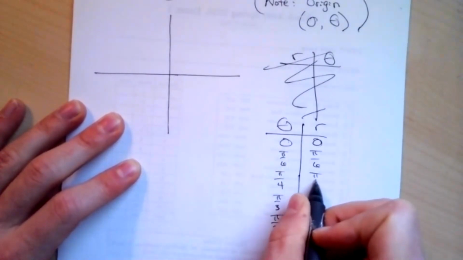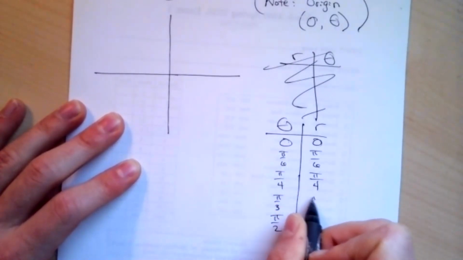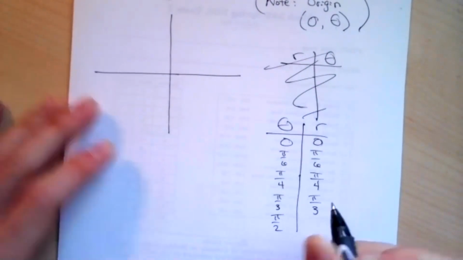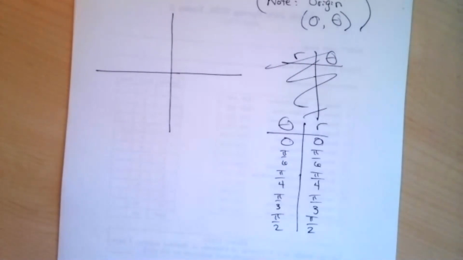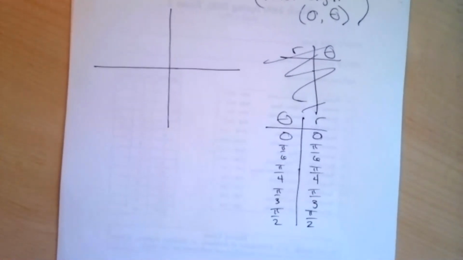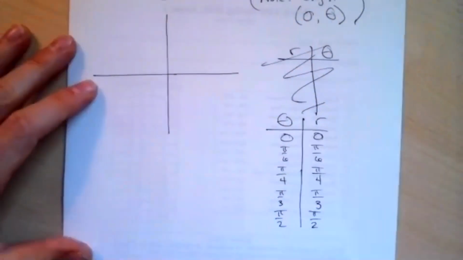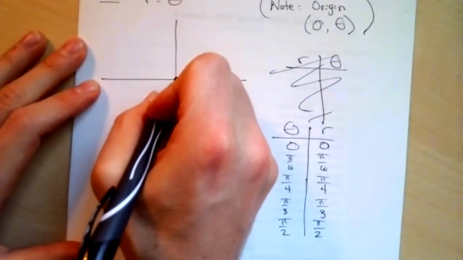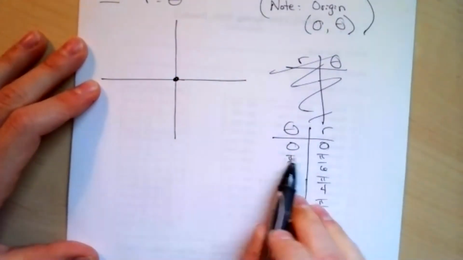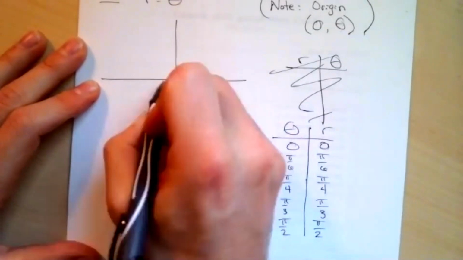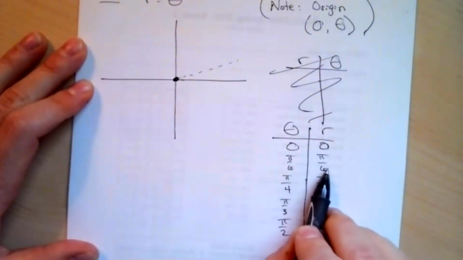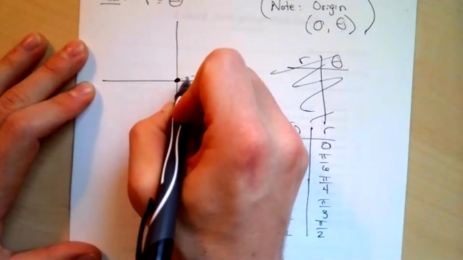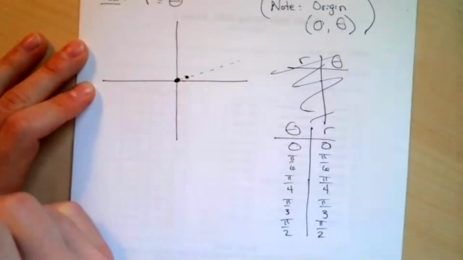The overall shape isn't terrible though. So we're starting at the origin, (0, 0). Now as theta is pi over 6, we're going to be pointing along this line, and our radius is going to be pi over 6. So it's going to grow a little bit.